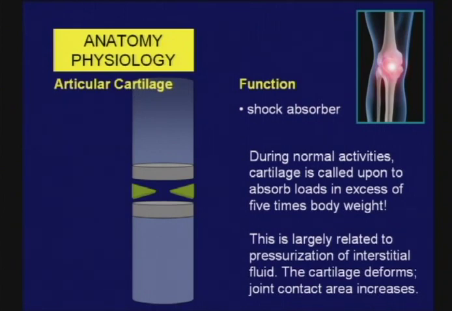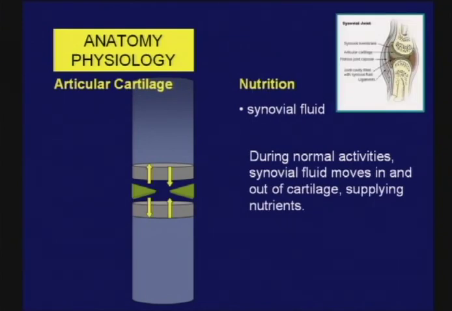It's been estimated that even during normal activities, cartilage may be called upon to absorb in excess of 5 times the body weight. Now, as you're going to learn, cartilage is composed of a lot of water, and it is the pressurization of this interstitial fluid that serves as the force that protects the end of the bone. It absorbs the shock, and we will get into those characteristics in a little while.